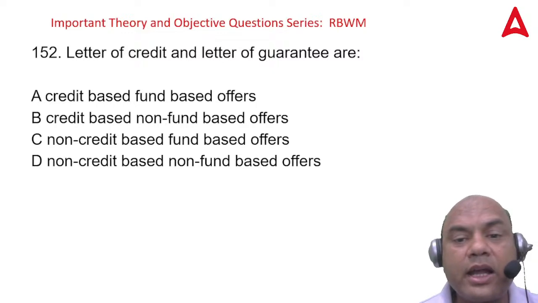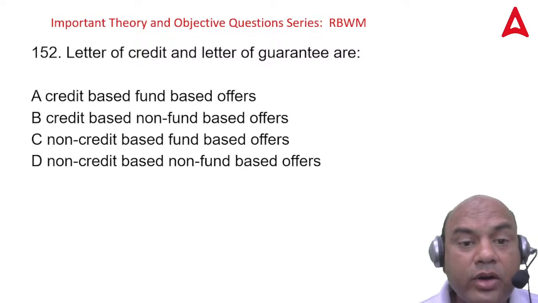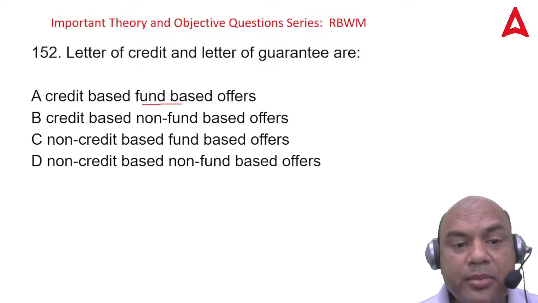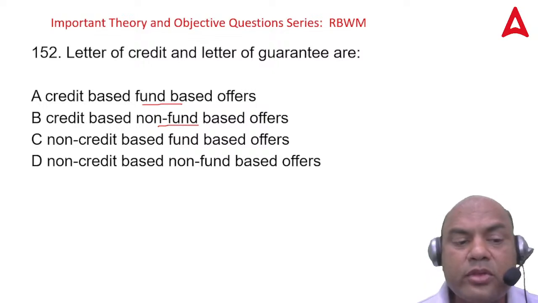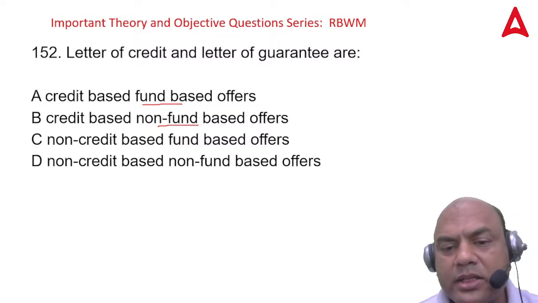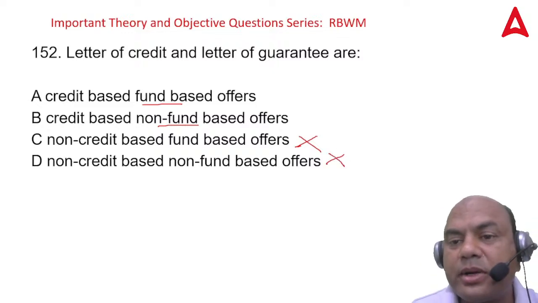Letter of credit and guarantee are credit-based, non-fund-based offers. So firstly, remember, non-credit is out, because LC and guarantee are a part of credit, loans. Okay, I'll give you a simple difference.